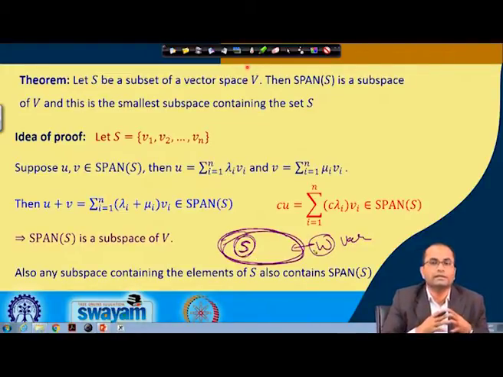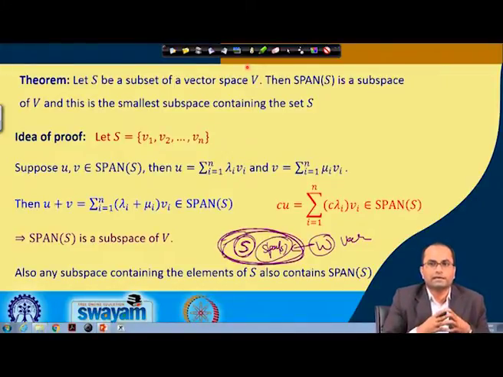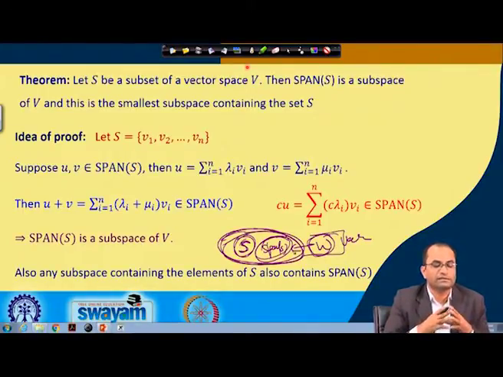So eventually all the linear combinations must be in this set W, that means it will also contain span S, and that itself tells us that span S is the smallest subspace which contains S, because anything else which contains S will also contain span S. So it cannot be that this is not the smallest subspace.